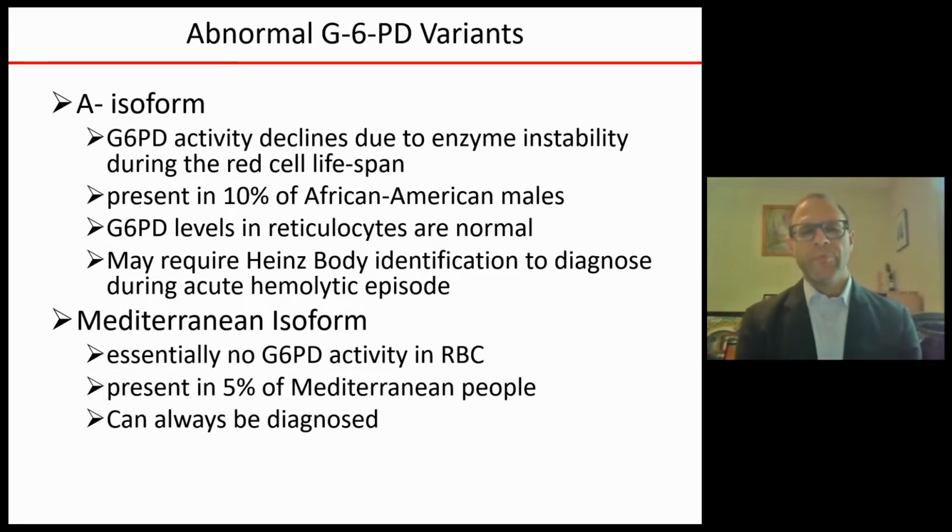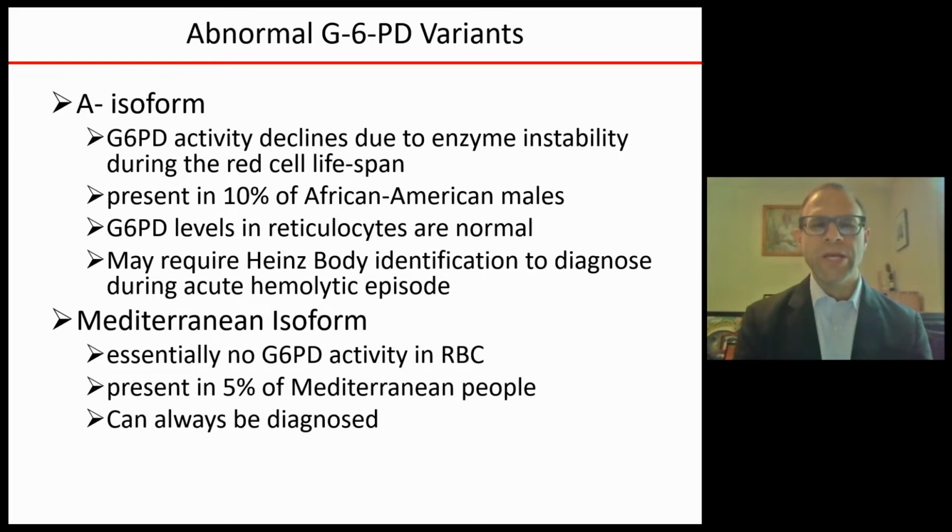And so it can be difficult to diagnose this disease during an acute flare if the older red blood cells without G6PD have hemolyzed, leaving only younger red cells with G6PD.